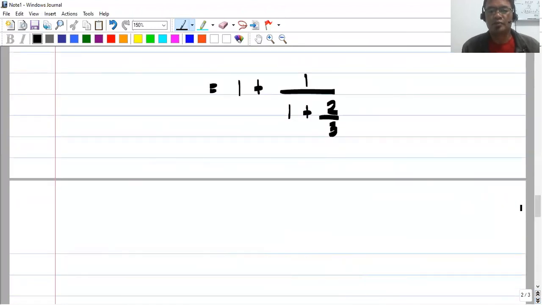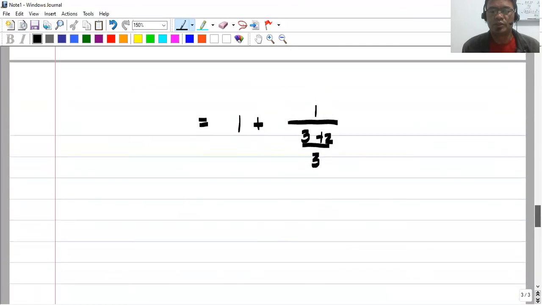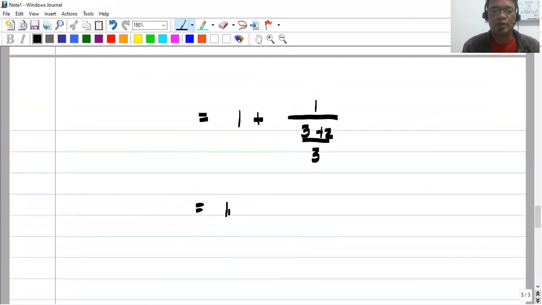So we have now equals 1 plus 1 all over, okay, so we deal with this. 1 plus 2/3 would be, this is over 3. 3 times 1 is 3 plus 2. That is 3 divided by 3 is 1 times 2 is 2. Therefore, we have 1 plus 1 over 3 plus 2 is 5 over 3.